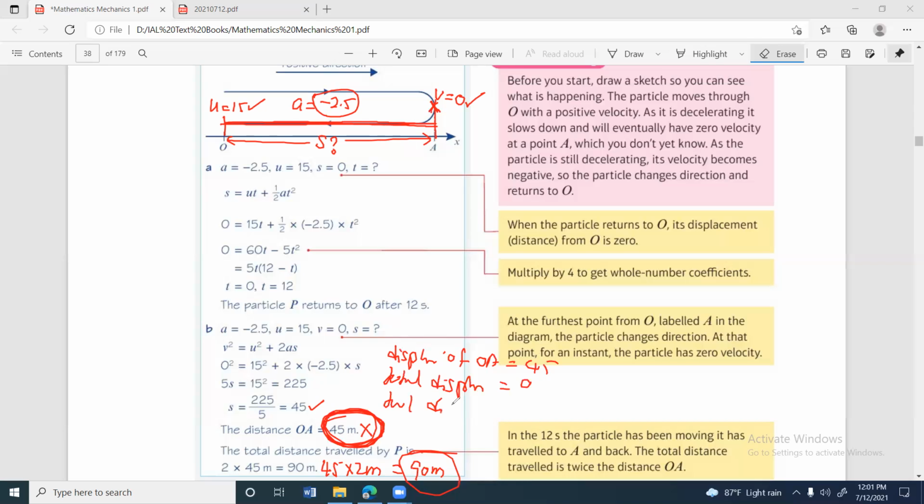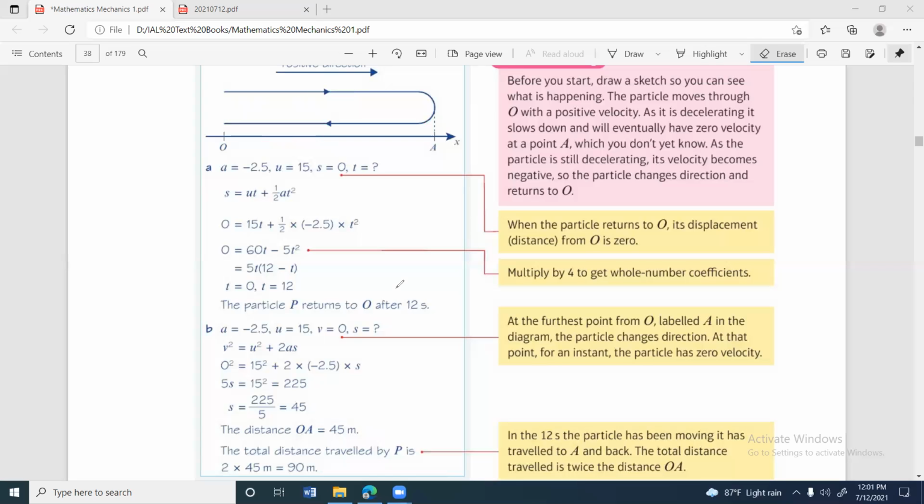Total distance is 90. Displacement from O to A is 45. Total displacement is 0 and total distance is 90. Those are the facts to understand when you are working out this kind of question. Hope you can understand how we did it. Right. So you can note down those things later.